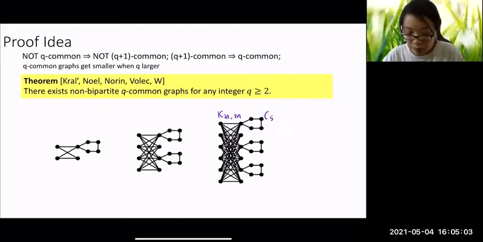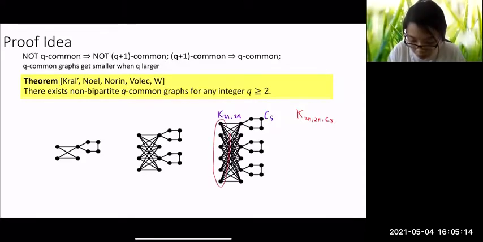The family of graphs we constructed I'll call K_{2n,2n} plus n C5 as a shorthand: you have a complete bipartite graph with 2n vertices on the left and 2n vertices on the right, and then for n of the vertices on the right, you glue a C5. So basically we have n copies of C5 in this construction. Is this definition clear?